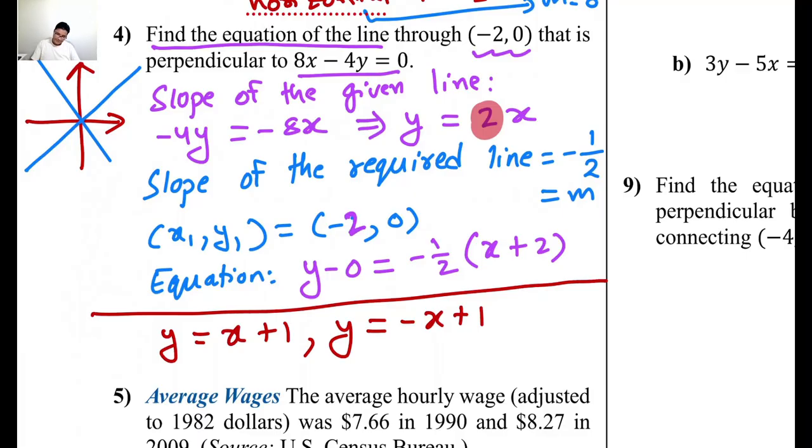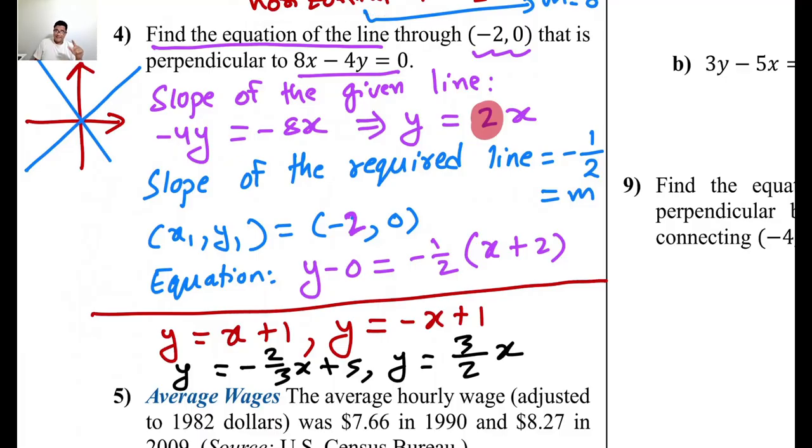I didn't give an example with a negative slope. Suppose you have negative 2 over 3 x plus 5, then the slope of the line perpendicular to it would be 3 over 2. The negative of negative 2 over 3 would be positive 3 over 2. That's the negative reciprocal. And you can just say plus b if you don't know the value of b.